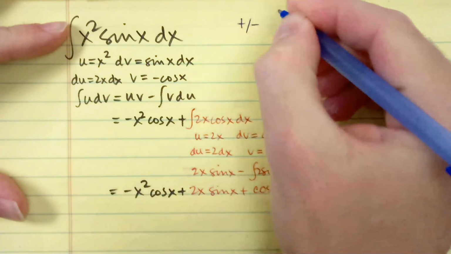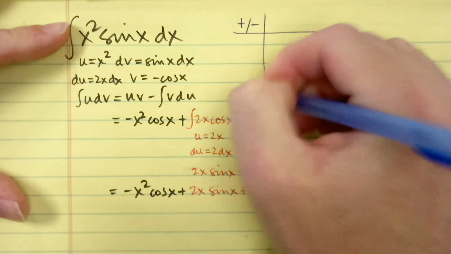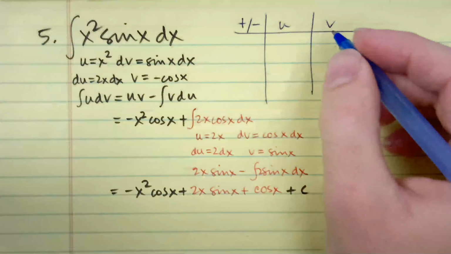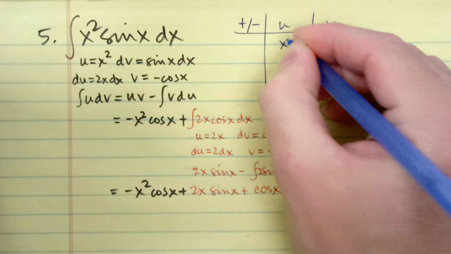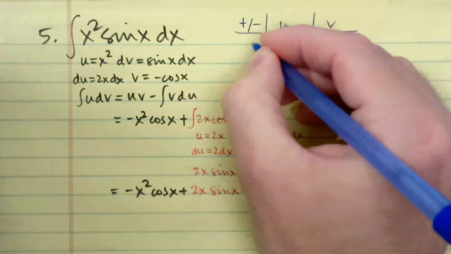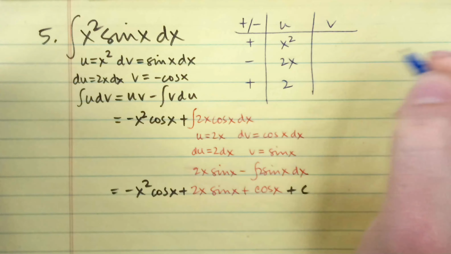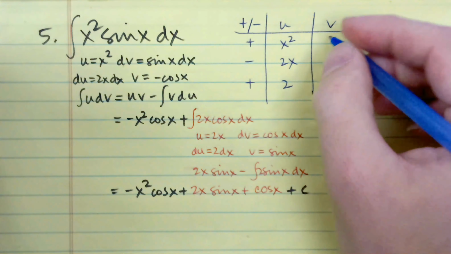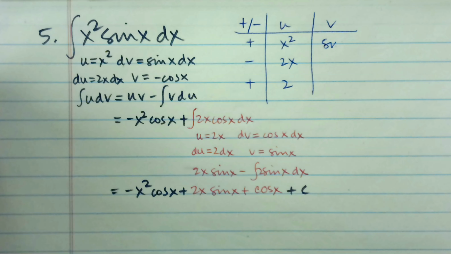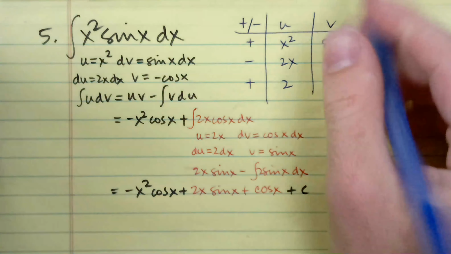So the first column plus minus, second column u, third column v. All right, so I had u equals x squared, 2x, and then 2. And then v was sine, no. V was negative cosine x.